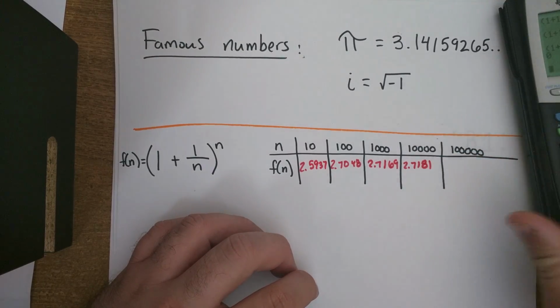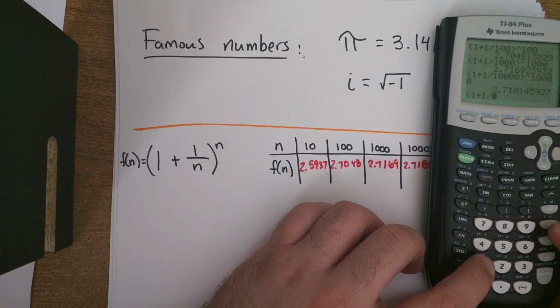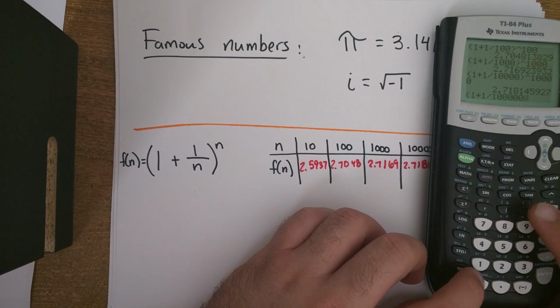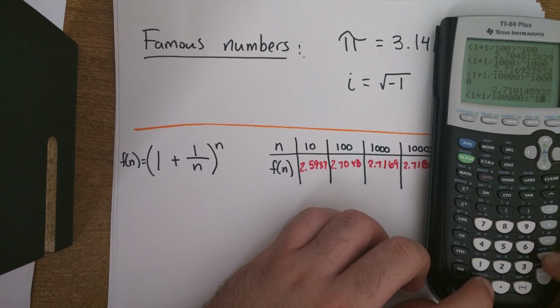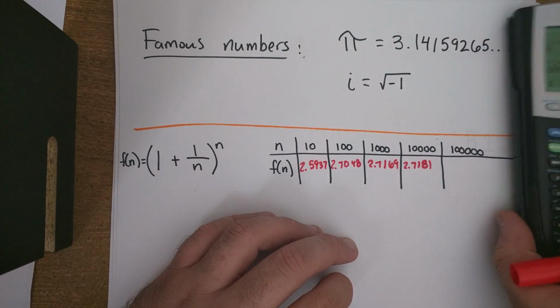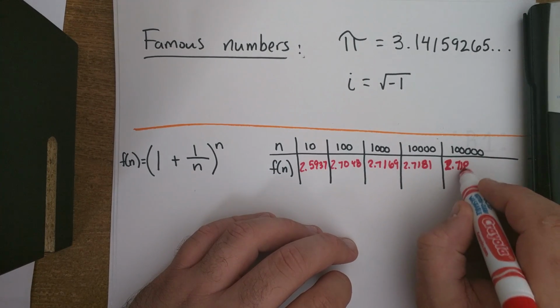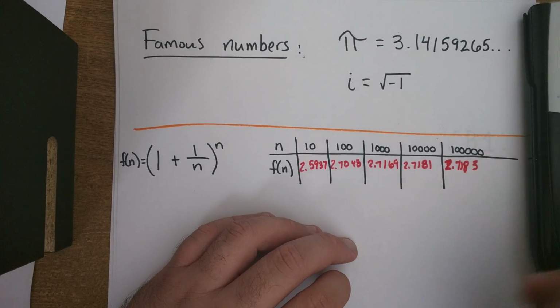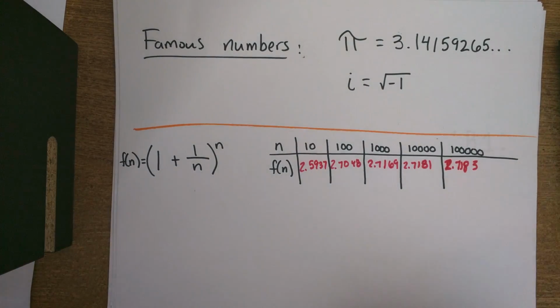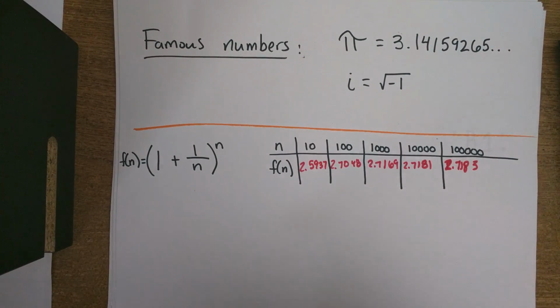Do you see what the pattern is doing? Do you see that it's approaching a number? It looks like it's just getting closer and closer to whatever number that is. 2.7183. So what we have here is called a limit in math.